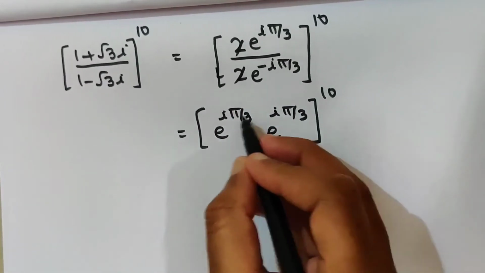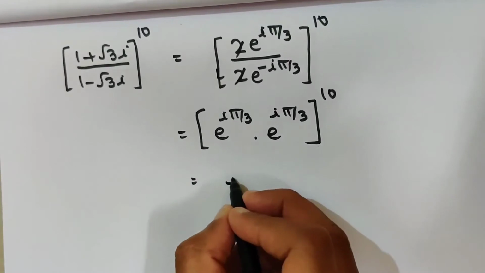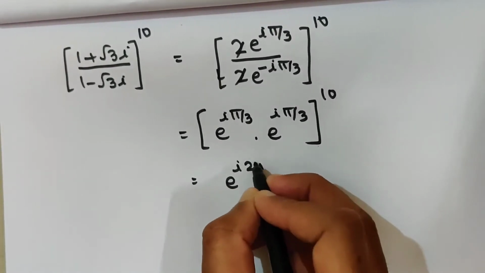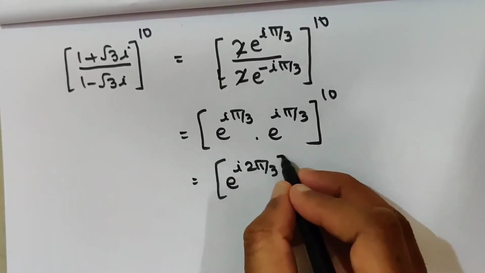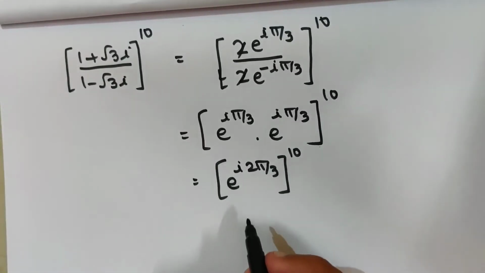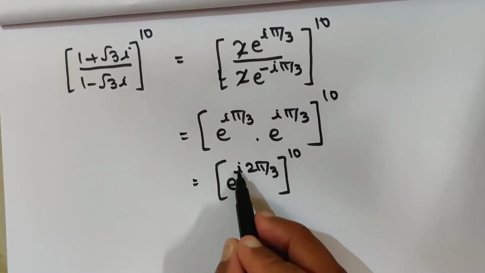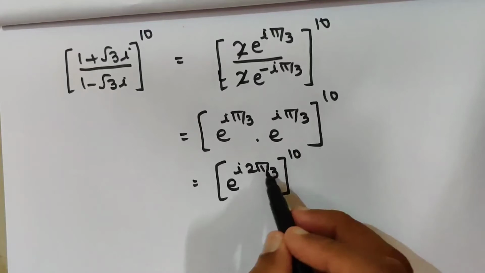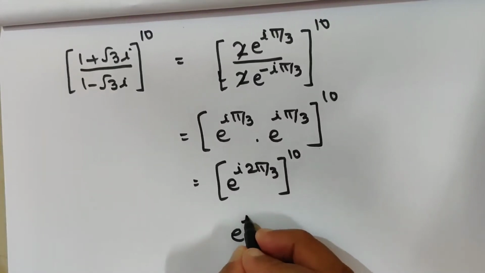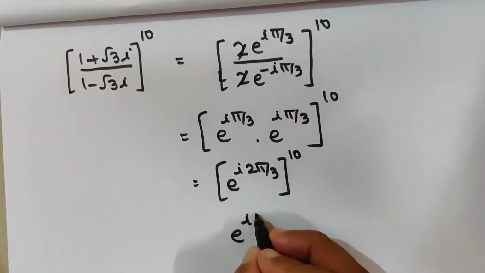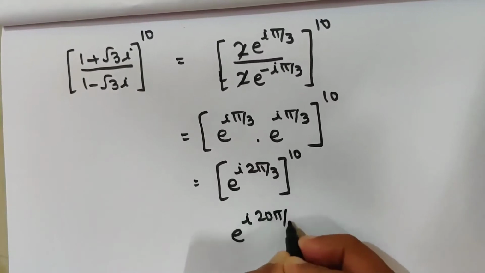So bases are equal, you can add the powers. We will get (e power i 2 pi by 3) the whole power 10. Again I can write this as e power i, power to power is multiplication, so 20 pi by 3.